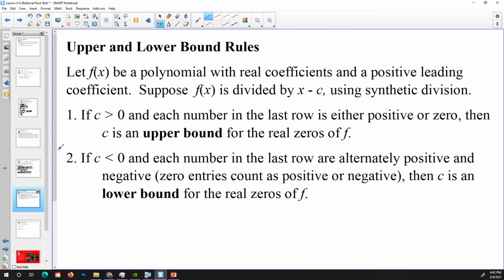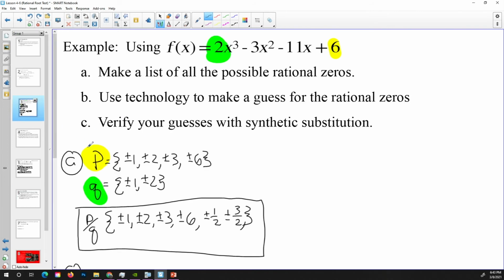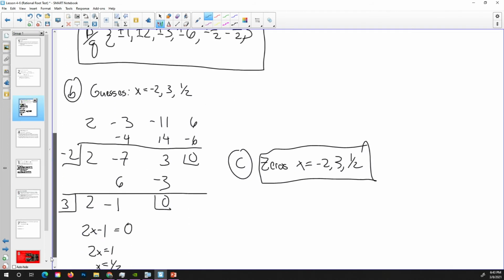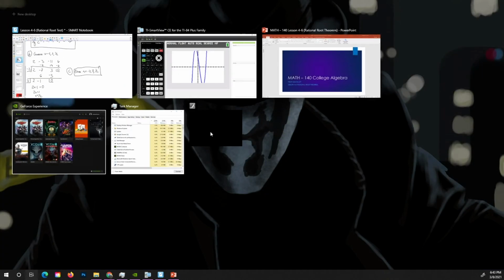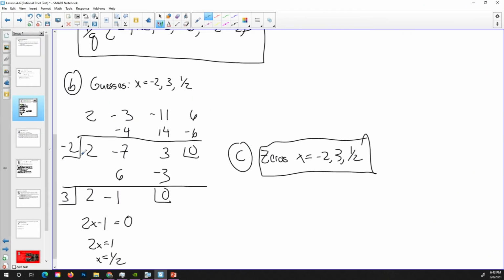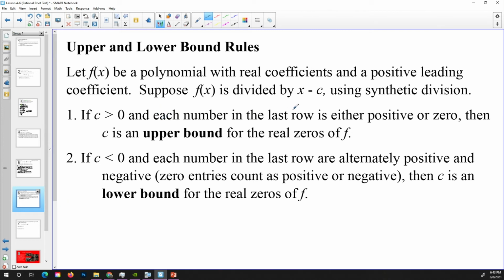And basically what upper and lower bounds means is that if you go through and you make a choice and you try and see if one of your guesses is an upper or lower bound, let's say you don't get a 0 out, the upper bound says if each of the values is either positive or 0, then C is an upper bound for the real zeros of F, which just means you don't try anything above that number.